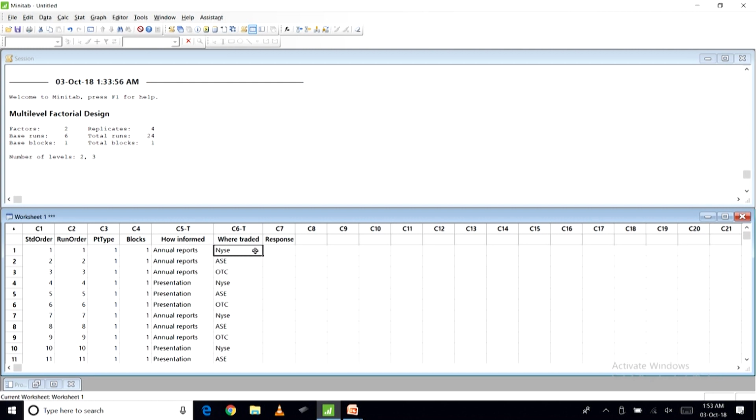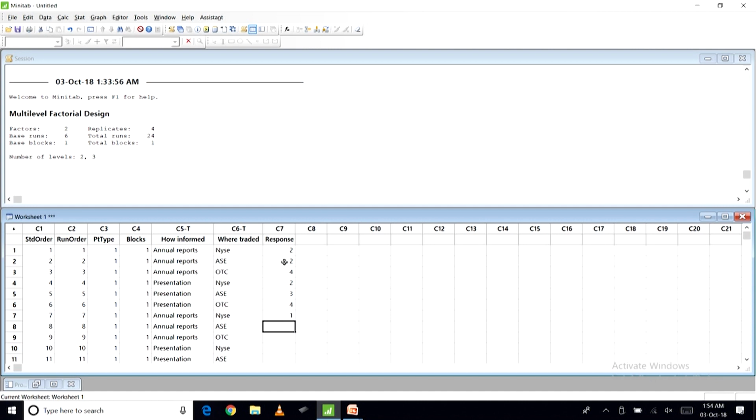So, annual New York Stock Exchange, annual the other stock exchange, the response is 2, over the counter 4, then presentation New York Stock Exchange, presentation the American Stock Exchange, and presentation OTC.